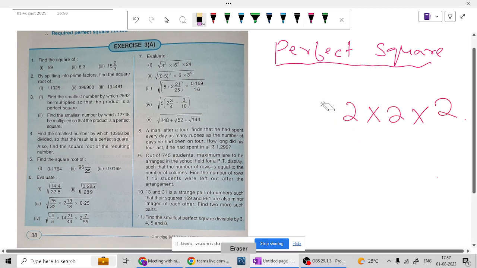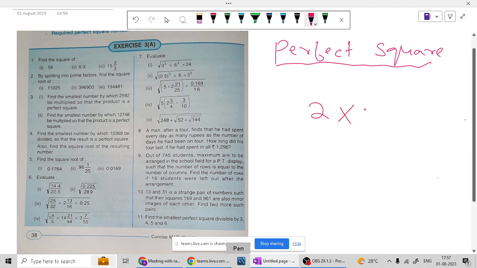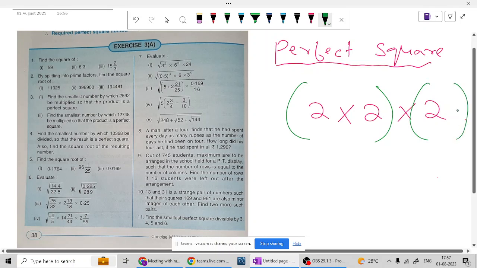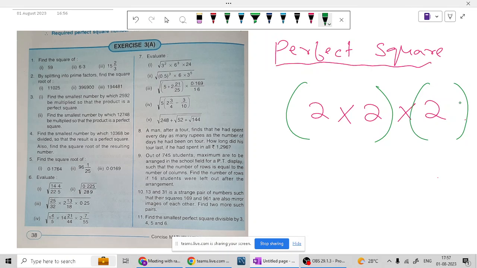But according to the squares chapter, you have to pair numbers, 2 each. For this we have a pair of 2, for this we have only 1, right? So is 8 a perfect square? No, 8 is not a perfect square.